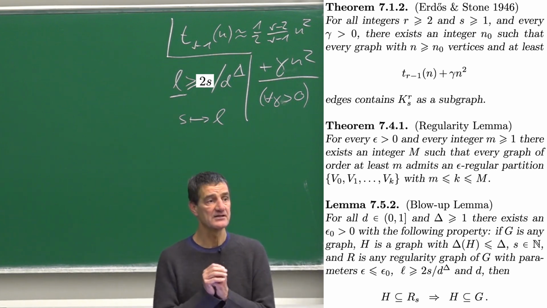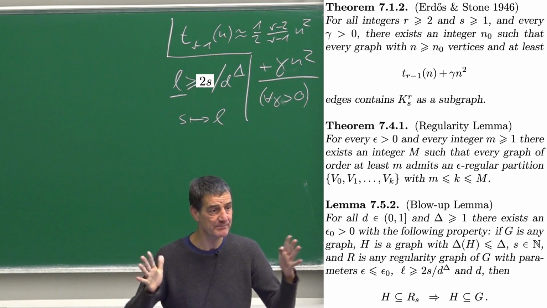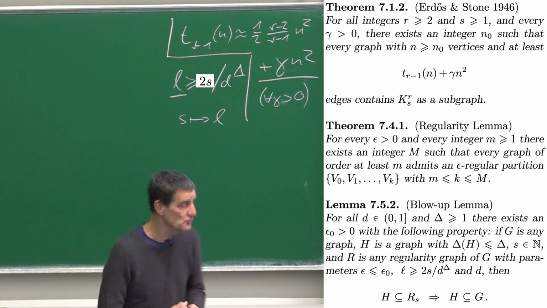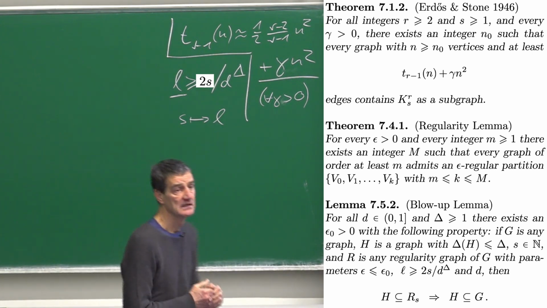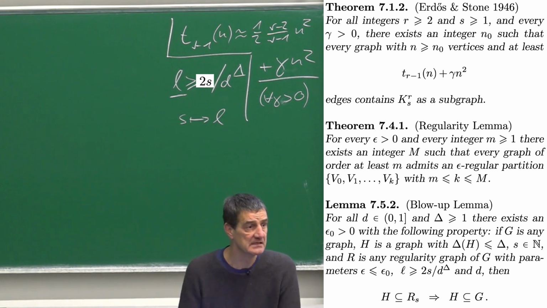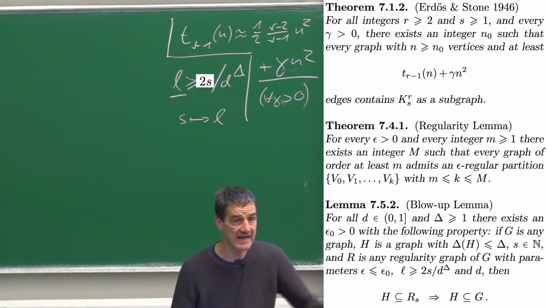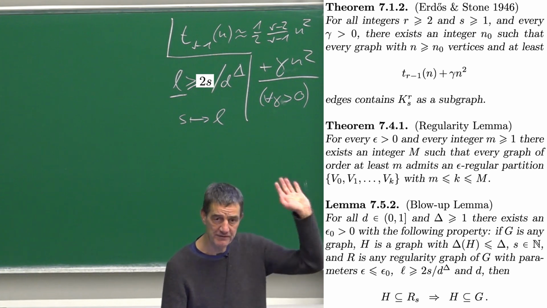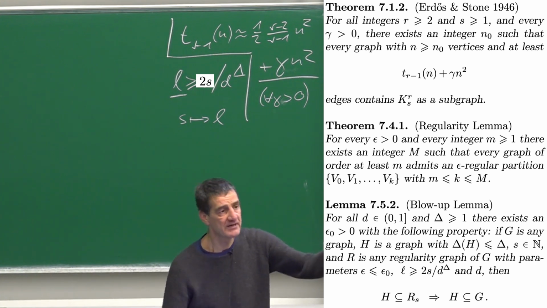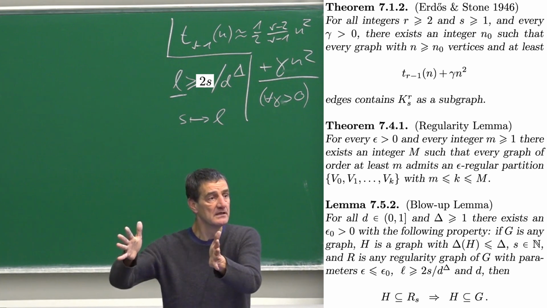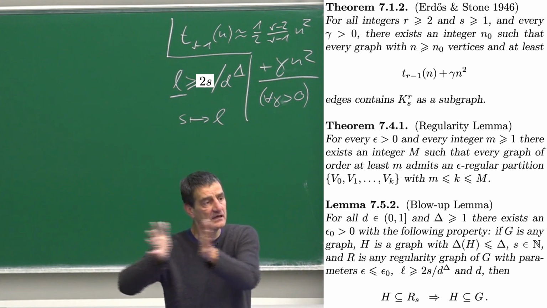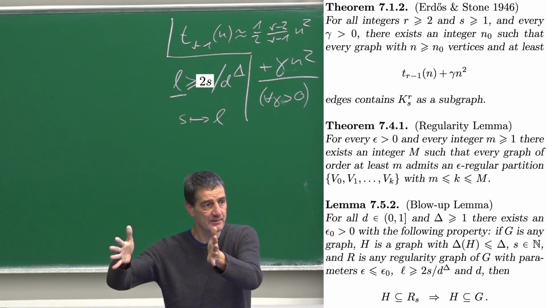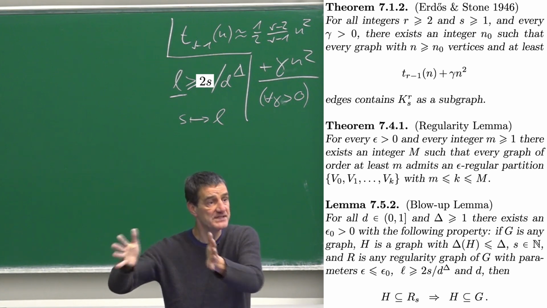And if we're allowed to make little n big, well, that's good news, because the number of partition sets that the regularity lemma returns is bounded by big M, and the big M depends only on the epsilon and the little m. Right? We fix little epsilon, we fix little m, then the regularity lemma comes back and says, here's big M. And no matter which graph you give me, it'll have an epsilon regular partition into at most big M sets.